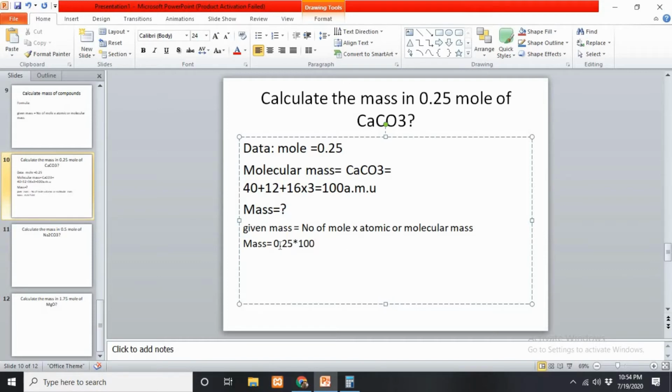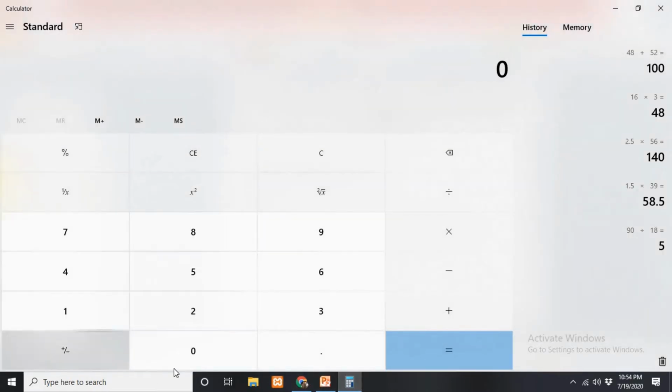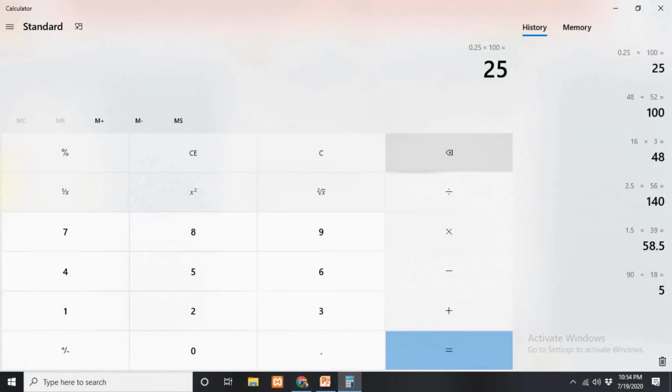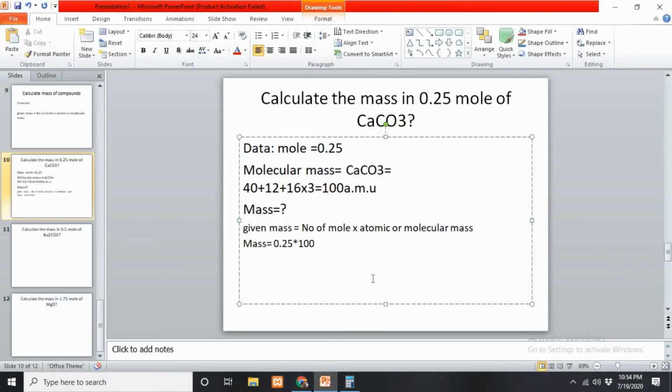If we multiply 0.25 by 100, the answer will become 25. That means 25 gram. The unit of mass is gram. That means that 0.25 mole of calcium carbonate contains 25 gram of mass.